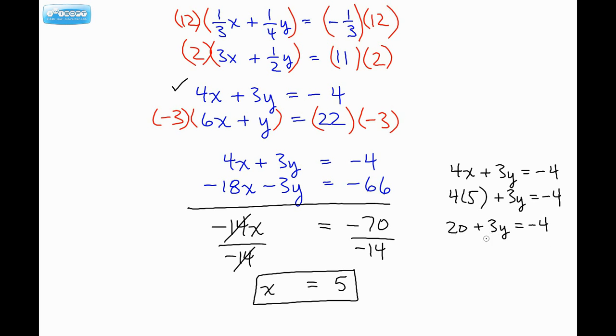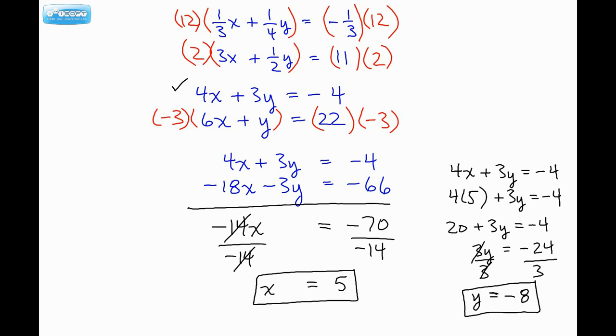We're going to subtract 20 from both sides. That gives me 3y equals negative 24. I can see where this is going. Divide both sides by 3. Negative 24 divided by 3 is negative 8. And there we go, we have solved the system.